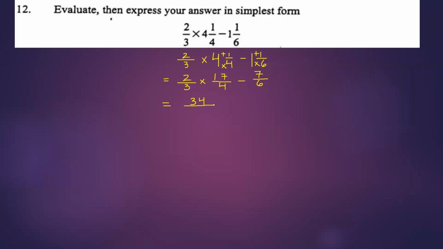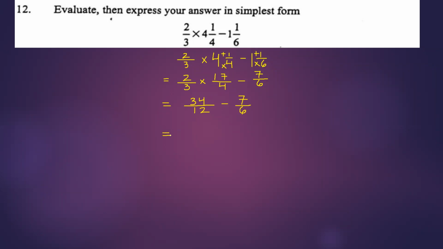Divided by 3 times 4, which is 12, minus, because 2 times 17 gives us 34, and 3 times 4 is 12, minus what? 7/6.